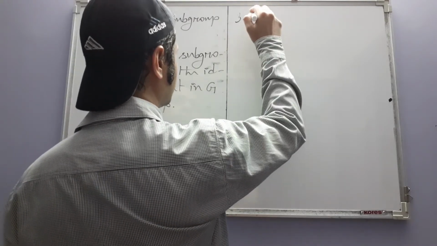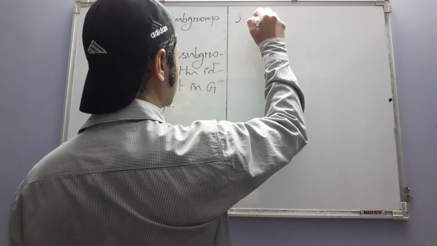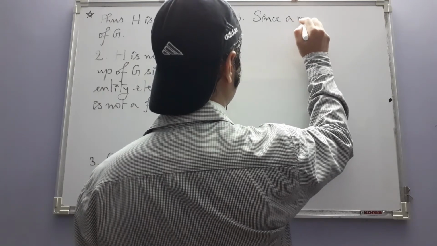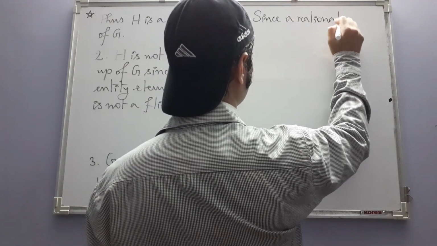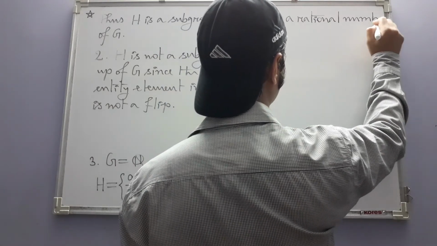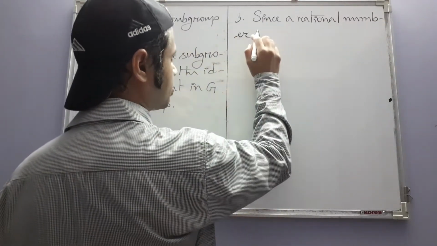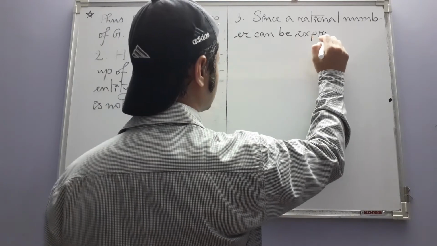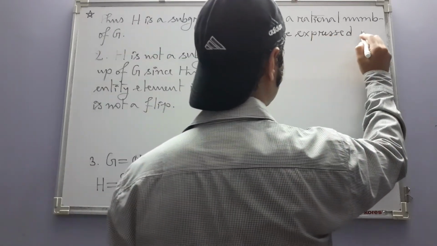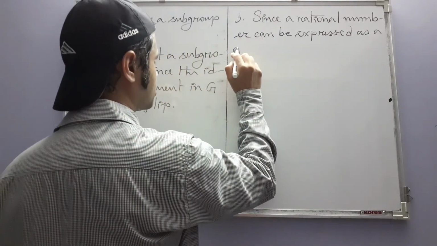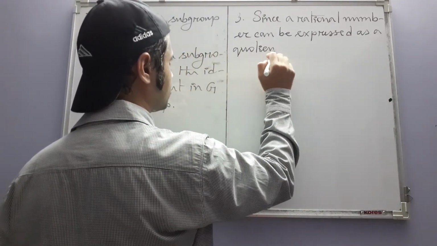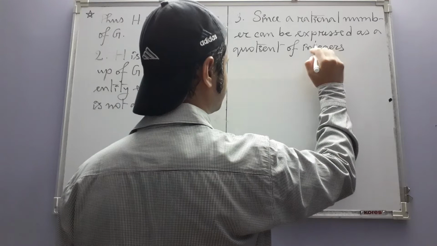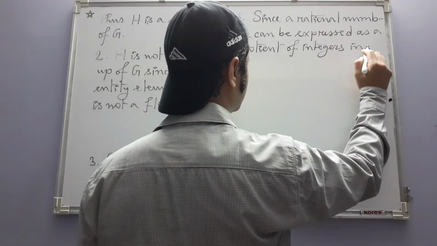3. Since a rational number can be expressed as a quotient of integers in more than one way, H is not well defined.